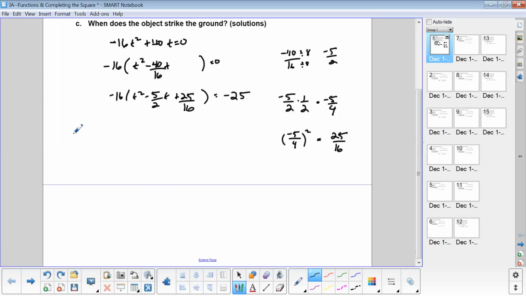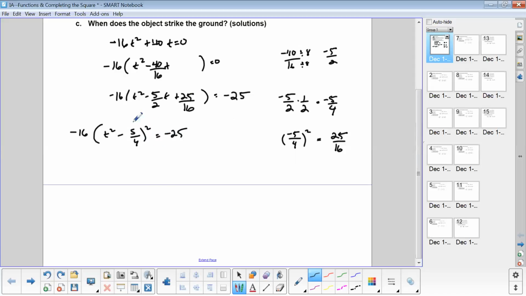So now I want to go ahead and write this as a perfect square trinomial. So I get t minus the square root of this term, which would be 5 fourths, quantity squared, equals negative 25.